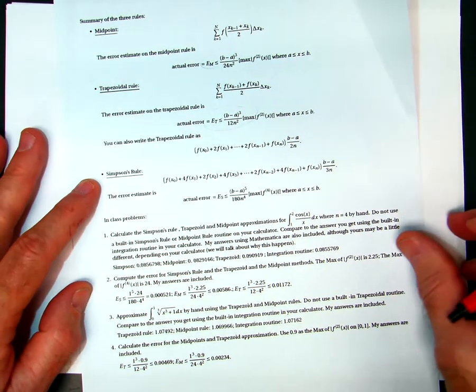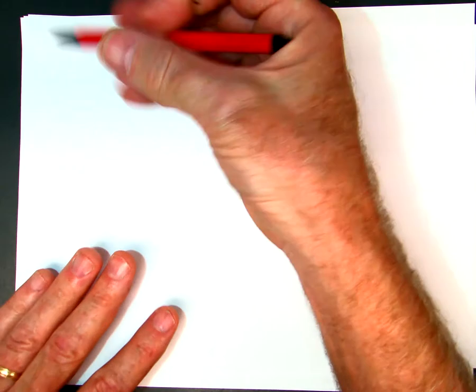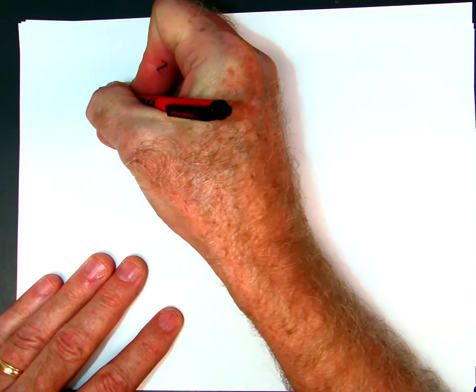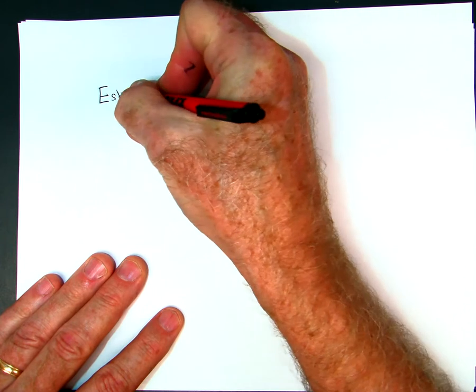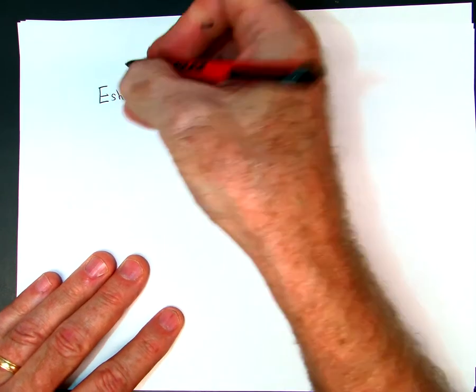Okay, so for the midpoint, we have the error estimate, and we have the actual error.